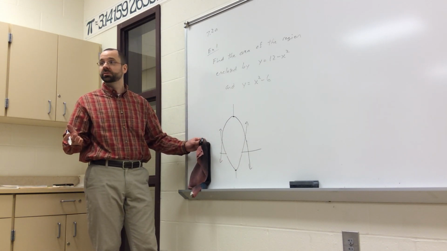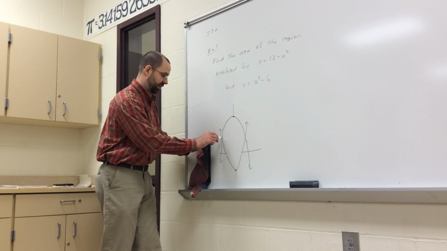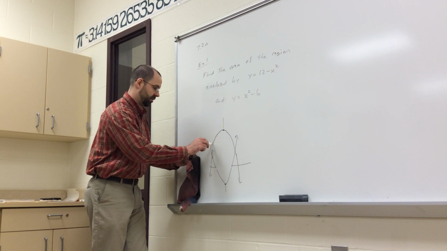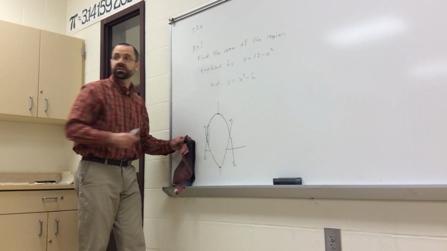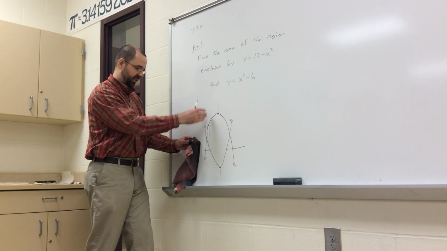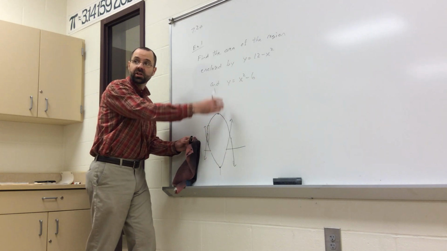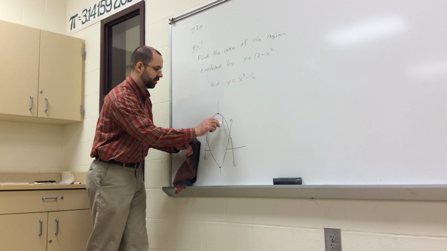So what we're going to do is we're going to draw in some rectangles. So a rectangle here, rectangle right next to it, rectangle right next to it, a bunch of rectangles, right? I don't want to draw all of those rectangles, so just picture rectangle, rectangle, rectangle, slicing all the way across this, right? So I'll put one over here.